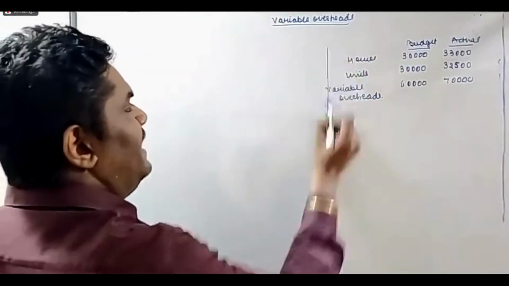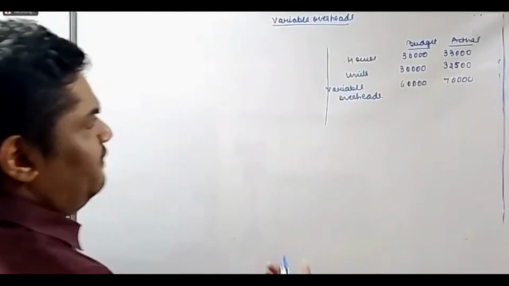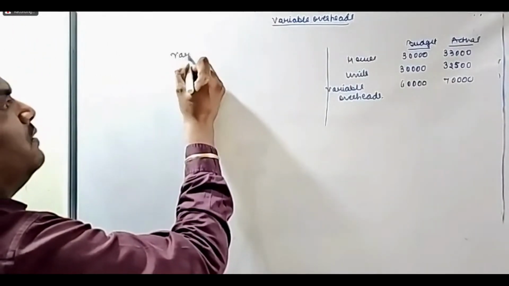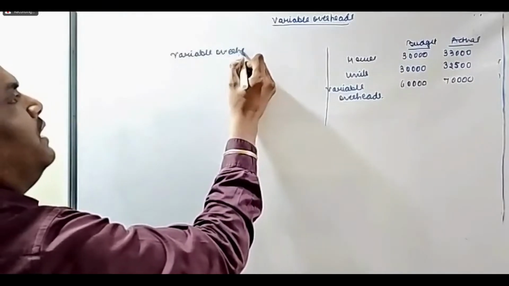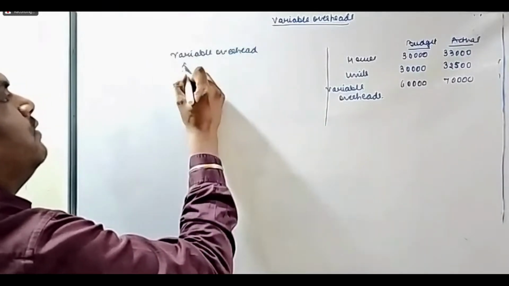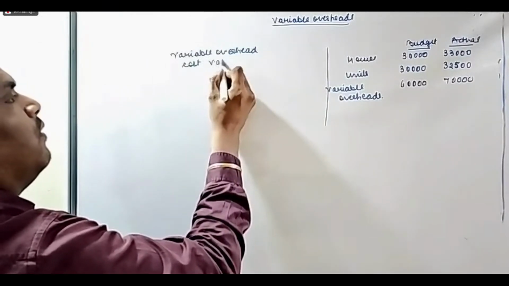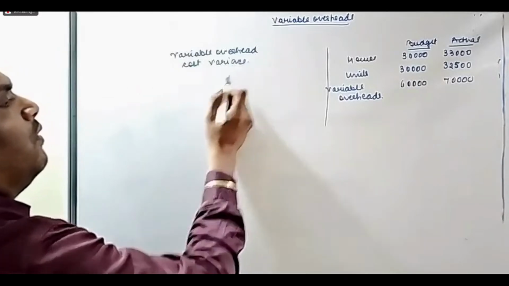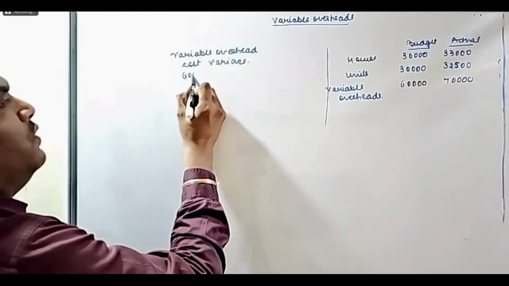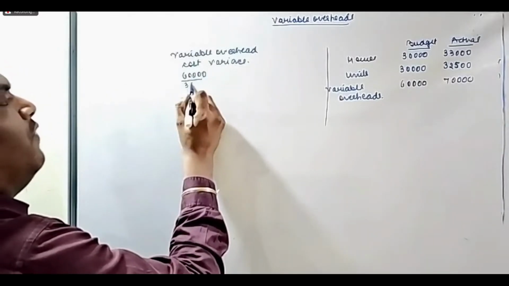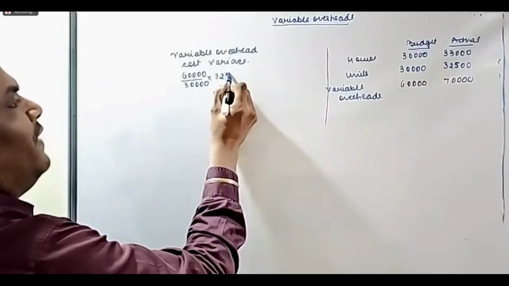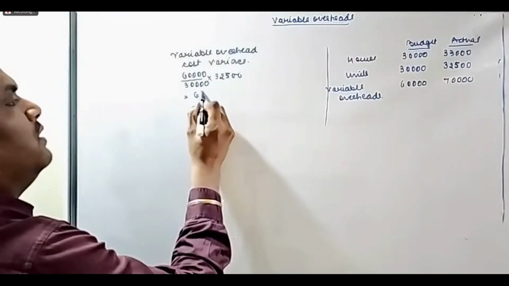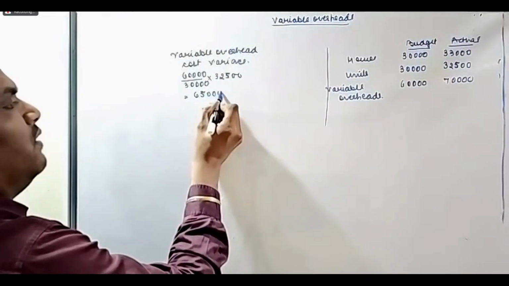So now, just like fixed overhead, again we'll be calculating variable overhead cost variance. Again, it talks about under or over absorption of overhead. So 60,000 overheads for 30,000 units. So for 32,500 units, how much? 65,000.